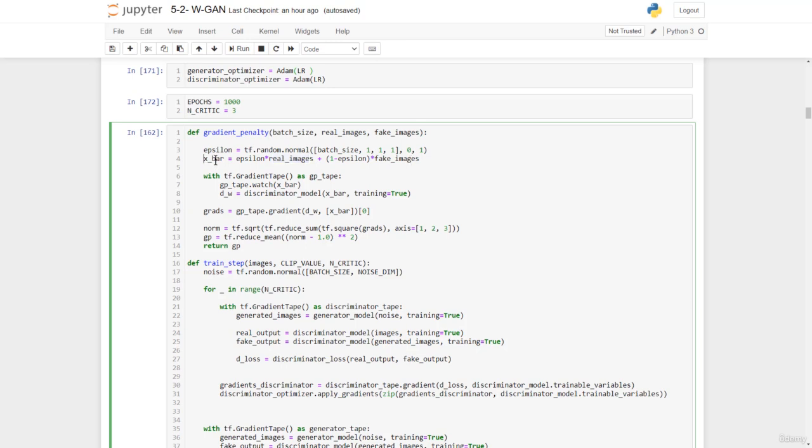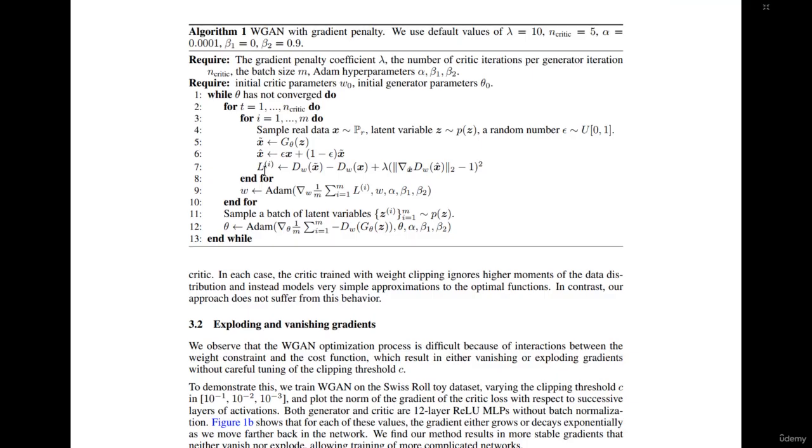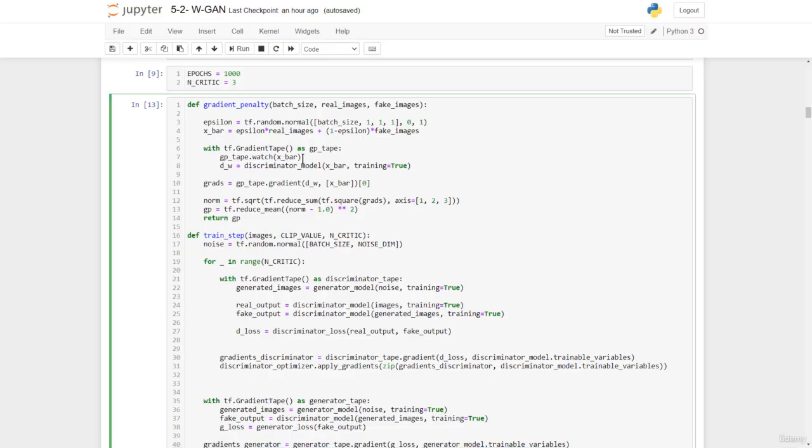Once we generate the X bar, what we'll have to do now is compute the derivative of the output when X bar is passed into the discriminator model, with respect to X bar. Recall that this is what we consider to be X bar. Once we get these gradients, we compute their L2 norm, and then we use that norm to obtain the final gradient penalty as defined in the paper.